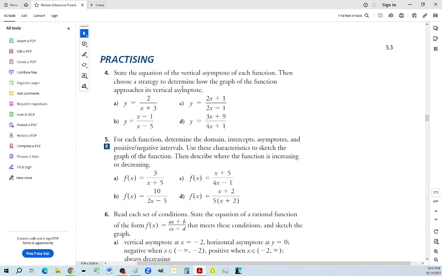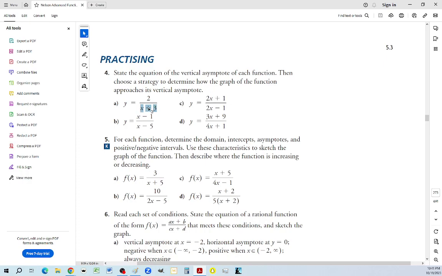To figure out what happens, for instance, for this one, negative 3, take a number just to the right of negative 3, negative 2.99999. Take a number that's just to the left of negative 3, negative 3.00000 and so on 1. Plug it in the equation.